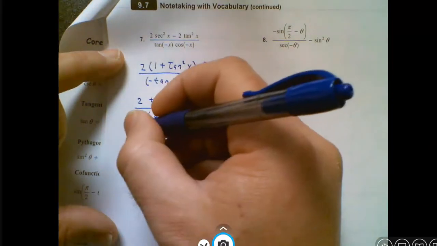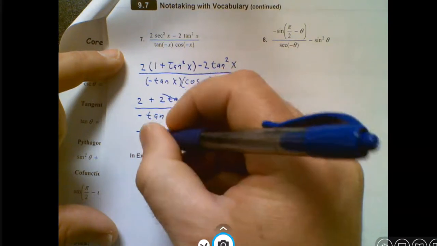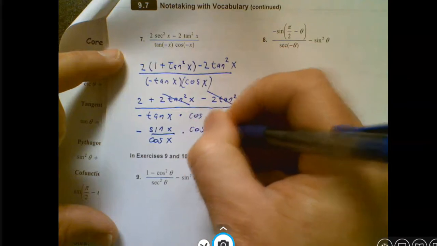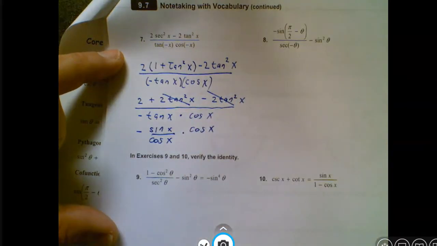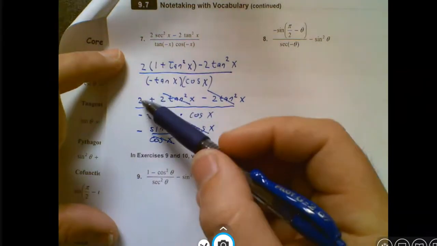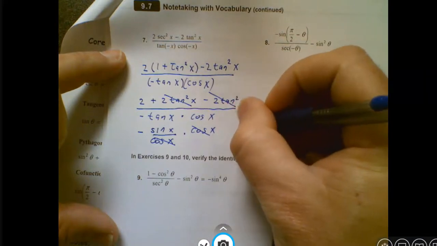Remember that tangent is the same thing as sine over cosine. And so on bottom, my cosines cancel. And so all I'm left with is a 2 on top and a negative sign on bottom. So let me write it this way.